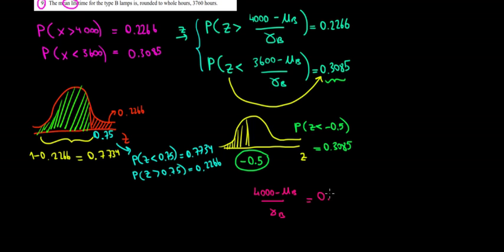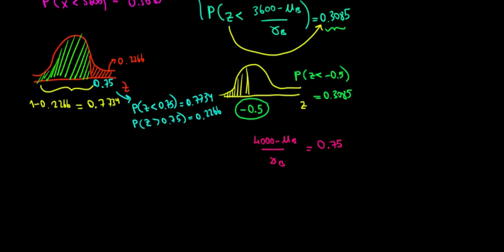We found that out after we standardized, and at the same time we also know that 3,600 minus the mean of the lifetime divided by the standard deviation is equal to minus 0.5. So we're going to solve this system of equations. We're going to take them together.